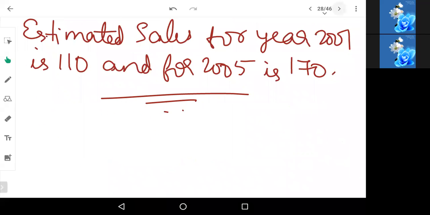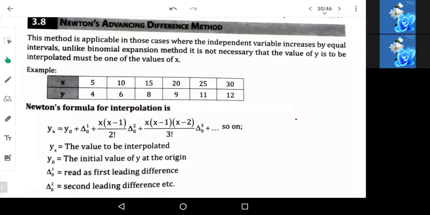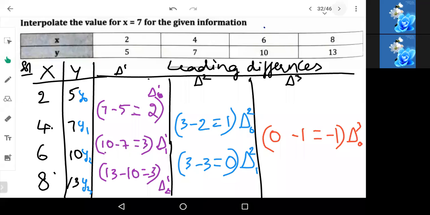Now, moving on to Newton's advancing difference method. Here in this question, they can ask you 3 types of problems. The first problem is direct values given, where you have to take the values, assign Y0, Y1, Y2 values, and find the leading difference. How to find the leading difference?